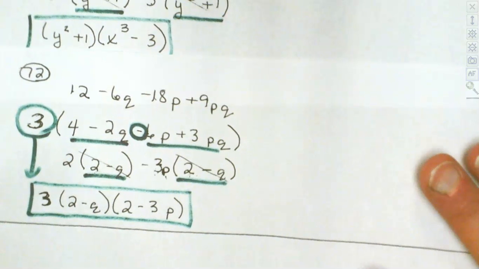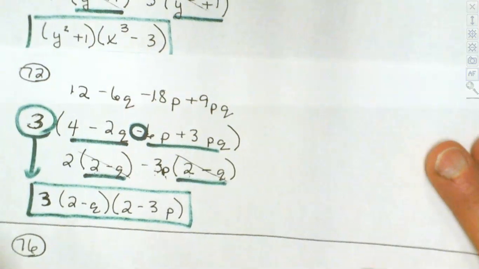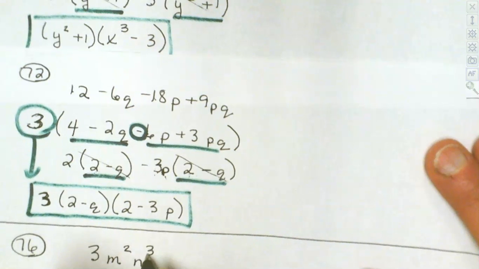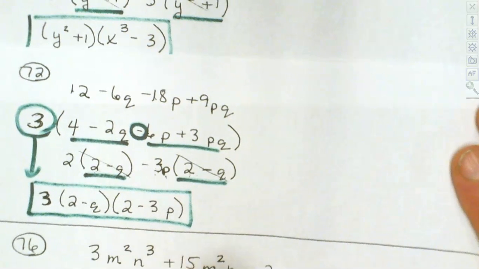76. So question 76, we've got 3m squared n cubed plus 15m squared n minus 2m squared n squared minus 10m squared.